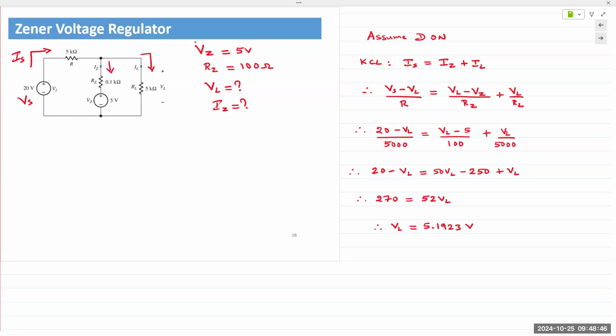So the Zener, let's take a pause and if you have questions, then we'll talk more about the circuit.